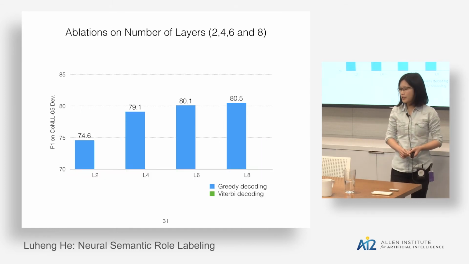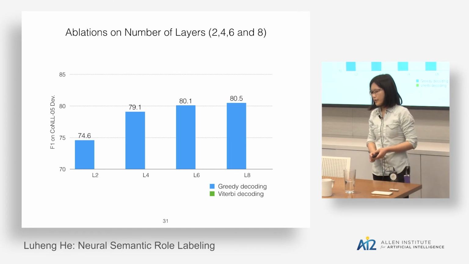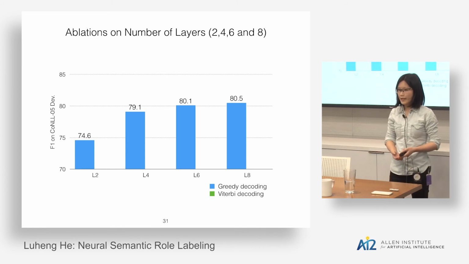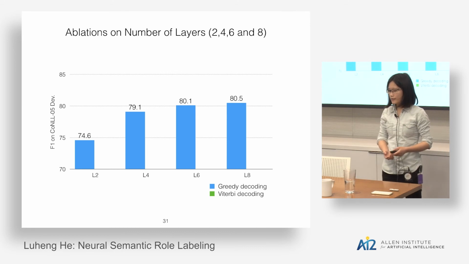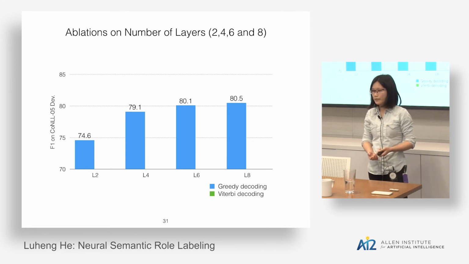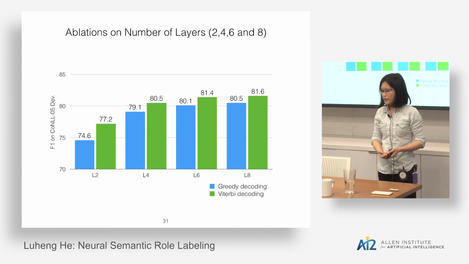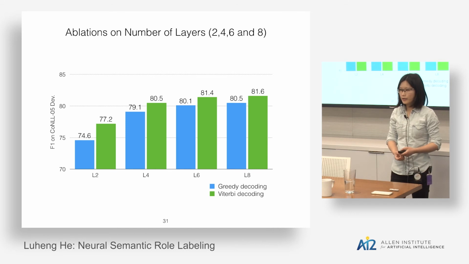So we did some ablation study, first to see the effectiveness of a deeper model. Here the x-axis shows our model with different number of layers from 2 to 8. Y-axis shows the F1 on CoNLL 2005 dataset. The blue bars are the numbers with greedy decoding, and the green bars are the results with Viterbi decoding.